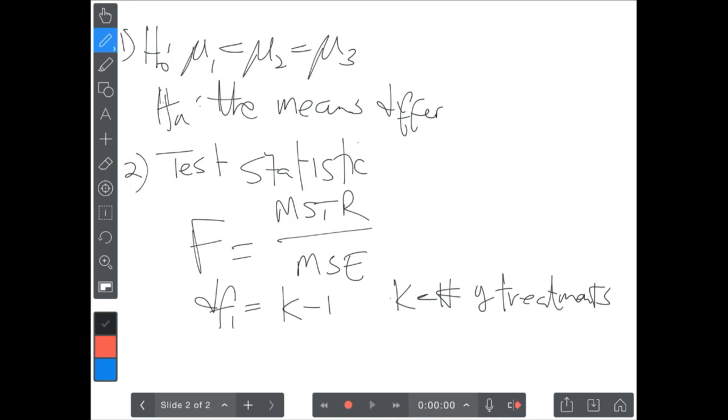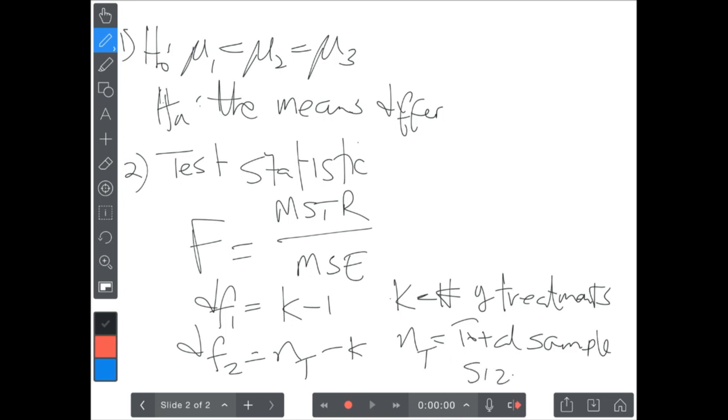And then the denominator degrees of freedom, the one associated with MSE, we call df2, would be the total number of values that we have. We could call it NT according to your text, which is, in this case, 3 samples of 4 each, 4 times 3 is 12, minus k. And NT is the total sample size.